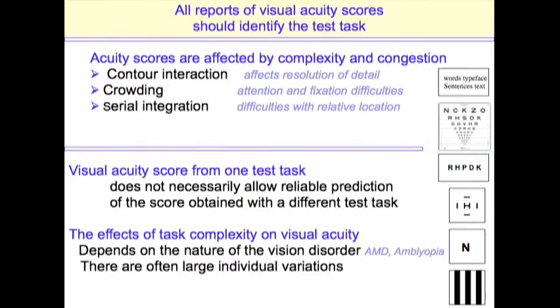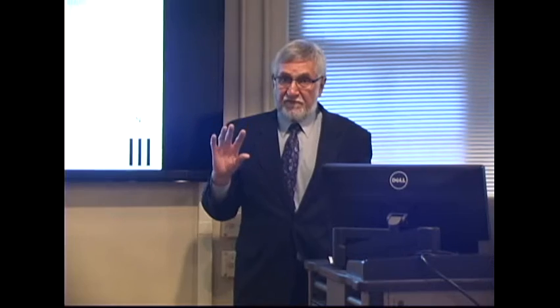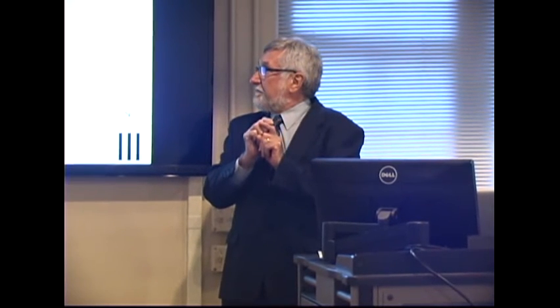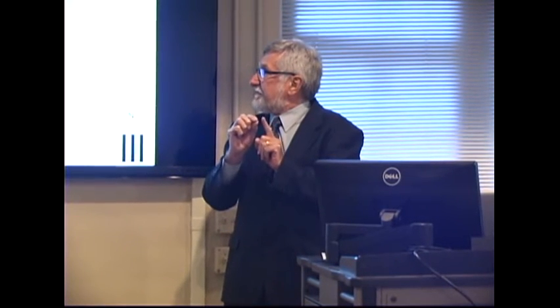With visual acuity, I already mentioned that reading is a more difficult task, and the complexity of crowded visual acuity material has to do with contour interaction. The visibility of nearby detail affects your ability to see fine grates and fine details in the target of reading interest.